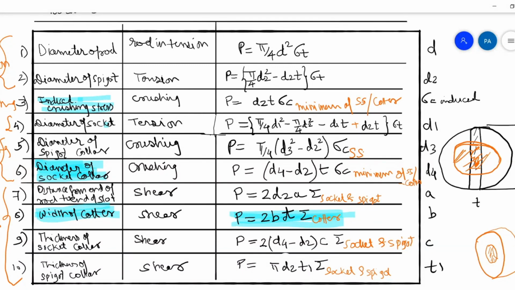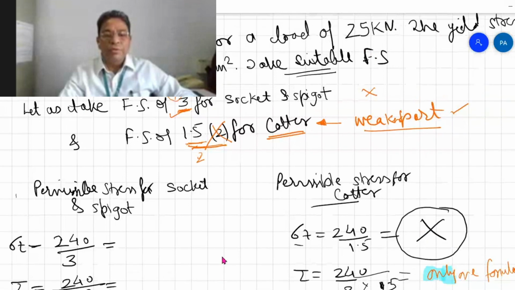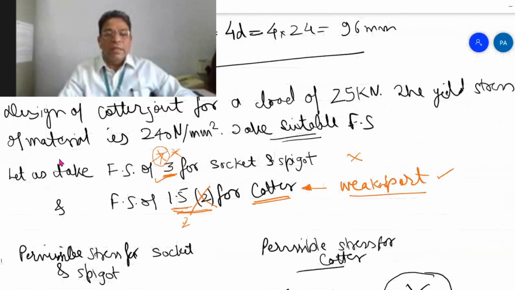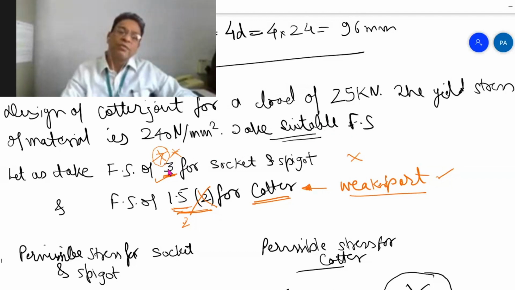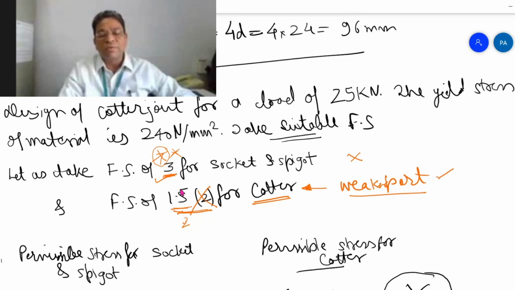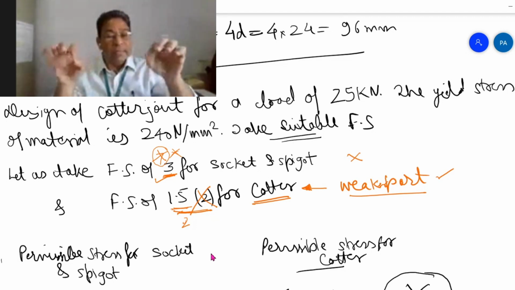You will not get any better understanding of this from any other source. All of you now know that if the yield stress of material is given, then a suitable factor of safety we have to select. We have to select less value of factor of safety for cotter and more for the socket and spigot. अब ये पे एक एग्जांपल एक्सप्लेन किया.